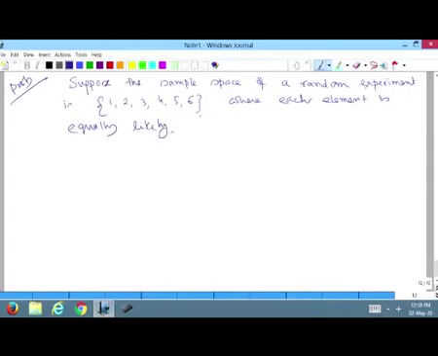As I said earlier in the last class, that means all these 6 elements have equal probability of occurrence, that is 1/6.